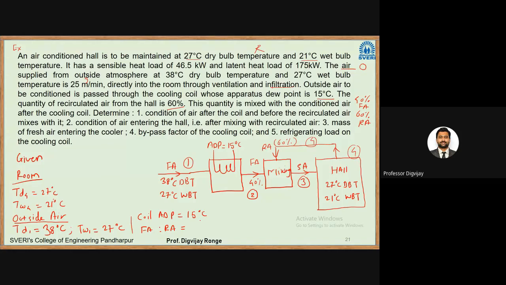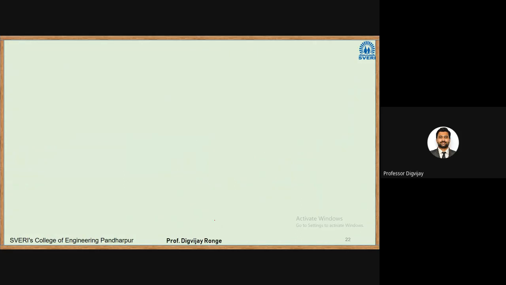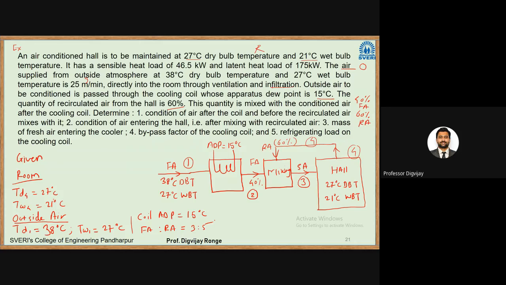Okay, so 60% means 60 divided by 100. The mixing 60% is return air. Anyway, we'll not use this.